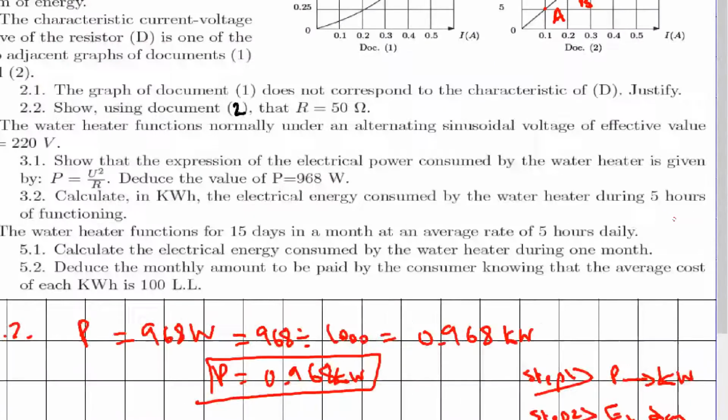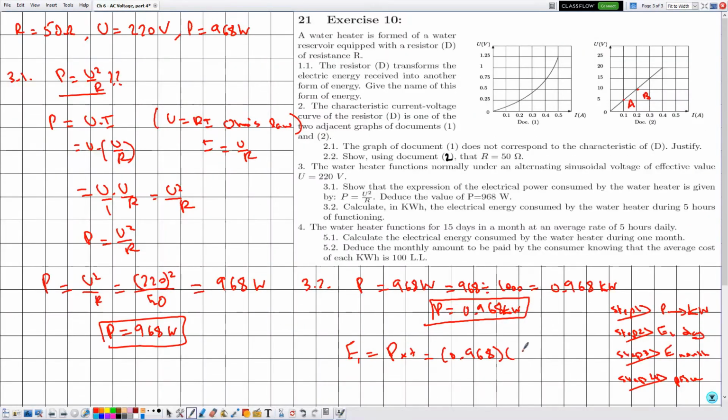As for T, which is hour, which is given by 5. Plugging this on the calculator, then the value of electric energy consumed in 1 day is given by 4.84 kilowatt hour. So E1 consumed for 1 day is given by 4.84 kilowatt hour. And eventually in this case we are done with steps number 1 and 2. Let's proceed.